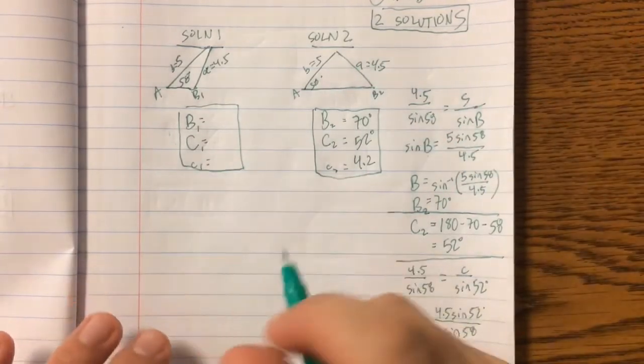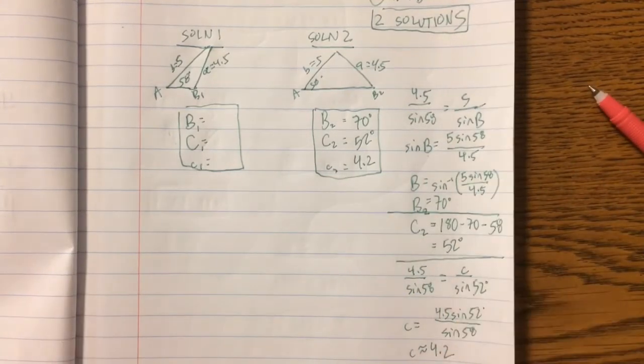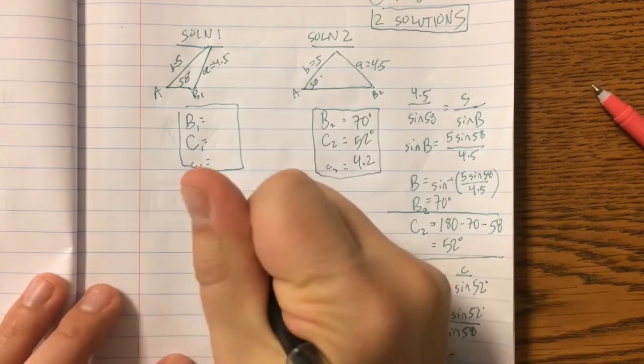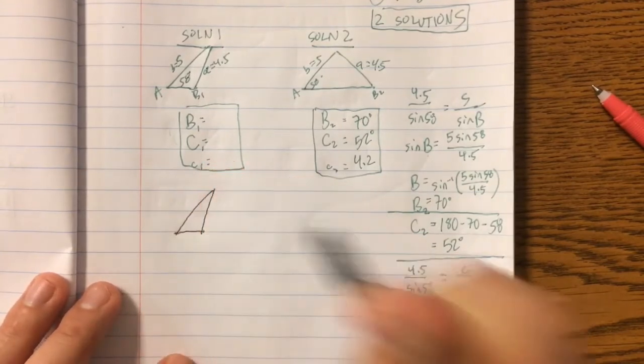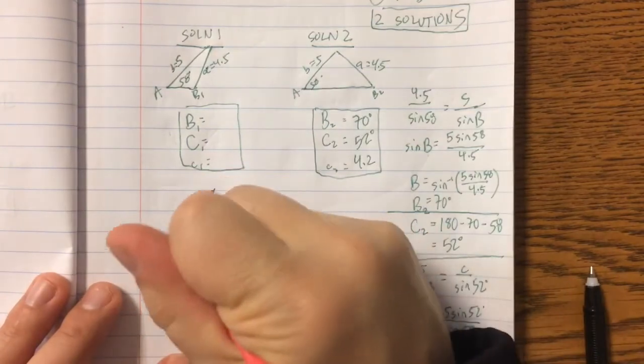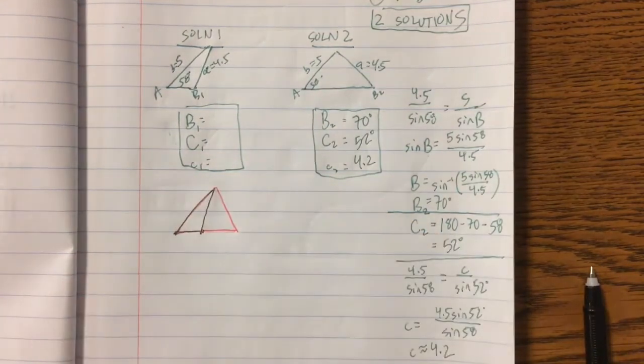What I want to do first, though, is let me try to draw both of these solutions sort of on top of each other. So here's solution 1, right? And here is the triangle number 2, right?